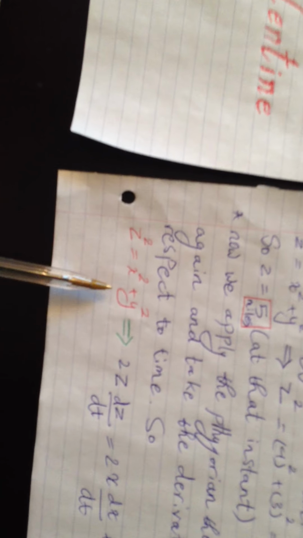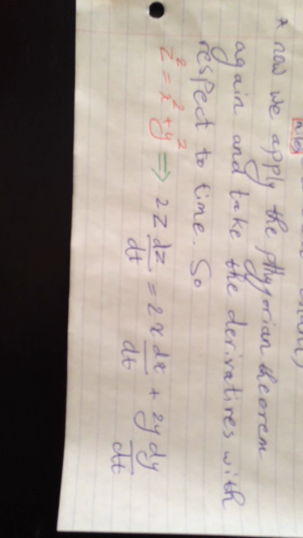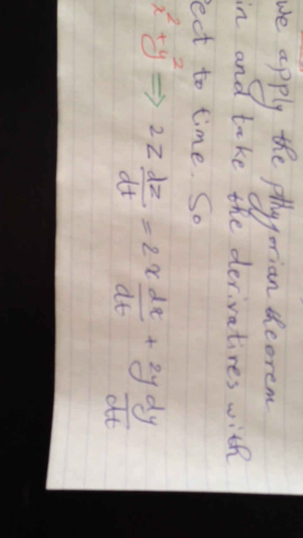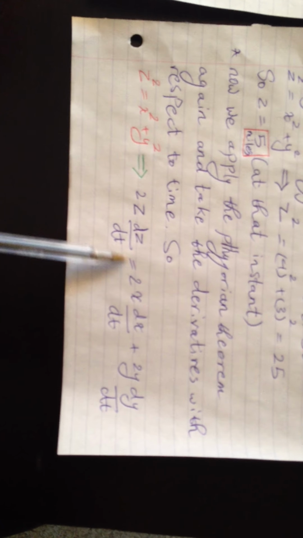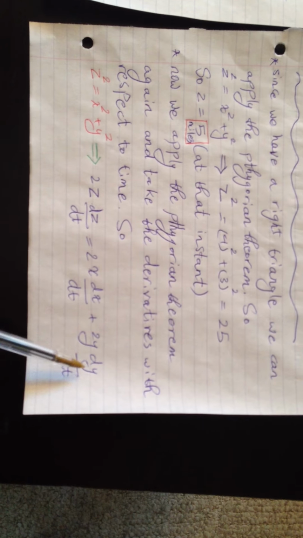So we reapply the Pythagorean theorem, z squared equals x squared plus y squared. We differentiate every variable with respect to t. So we have 2z dz over dt equals 2x dx over dt plus 2y dy over dt.